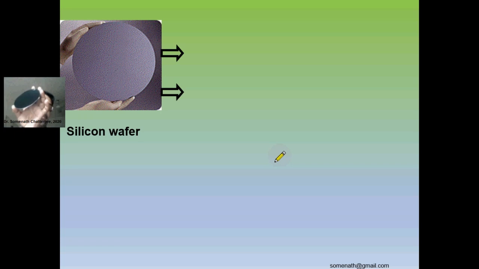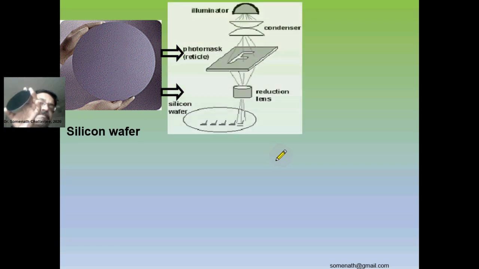Now this is the silicon wafer. I am showing here, in reality this is the silicon wafer, and on this silicon wafer we can make different devices using lithography. Here you can see the photo mask, and we are doing the reduction with lenses.